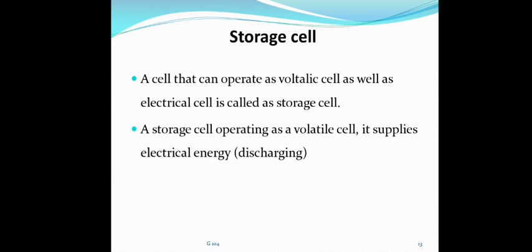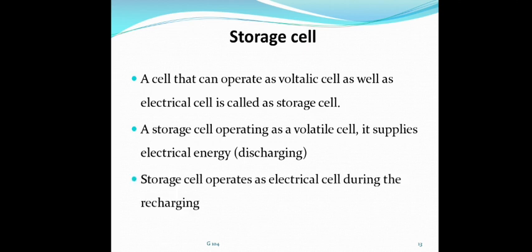A storage cell operating as a voltaic cell supplies electrical energy. A voltaic cell or electrochemical cell or galvanic cell produces electricity, that is called discharging. Whatever electrical energy it has, it is giving up, that is called discharging.